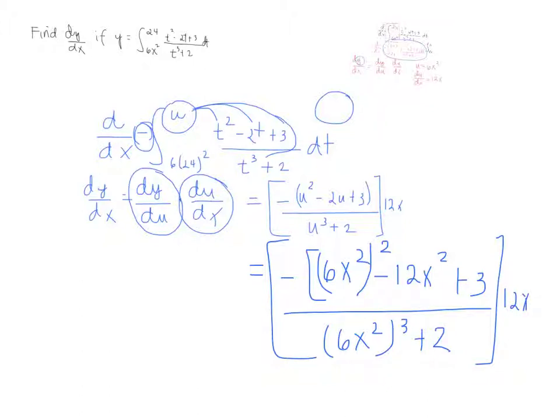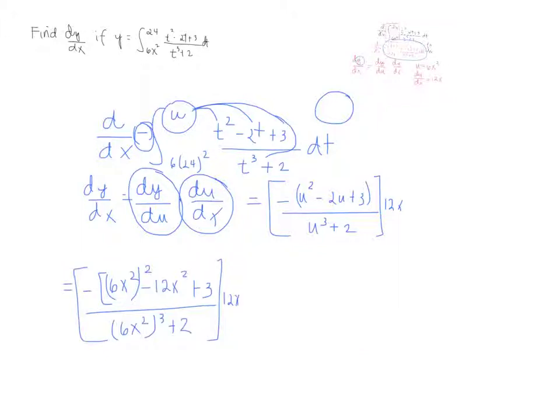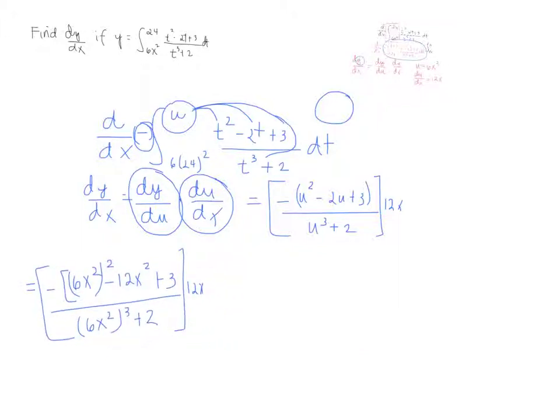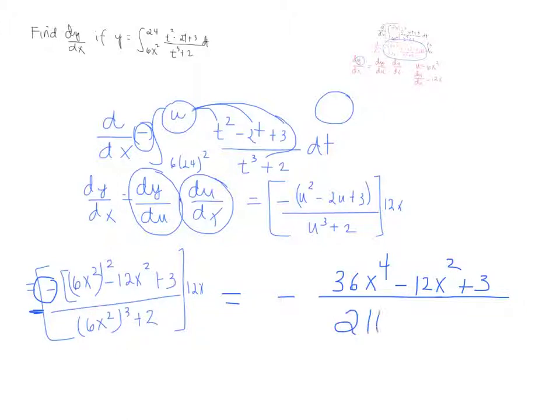Okay, and finally, what you can do is simplify the resulting expression. You have the negative, so this negative is the negative for the fraction, so the negative of 36x to the 4, minus 12x squared, plus 3, all over 6 times 6 times 6, that is 6 cubed, 216, and then x to the 2 times 3 is x to the 6, plus 2.